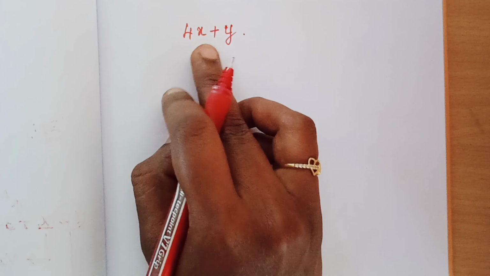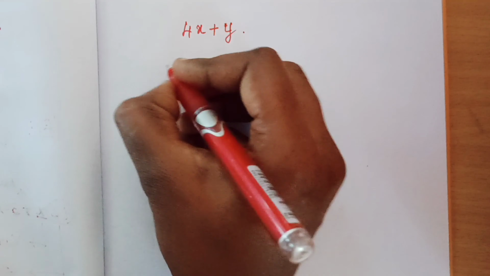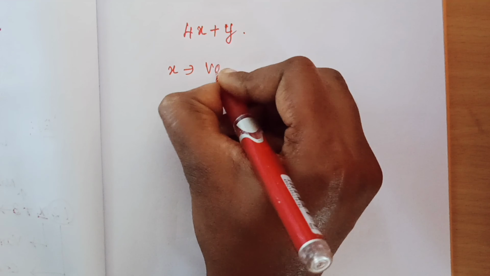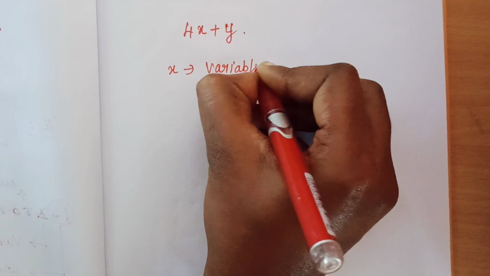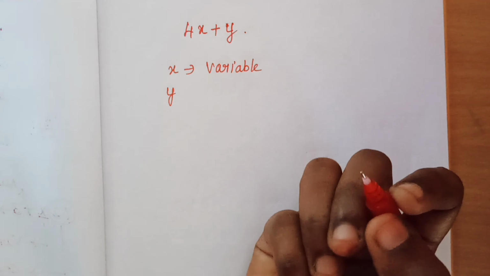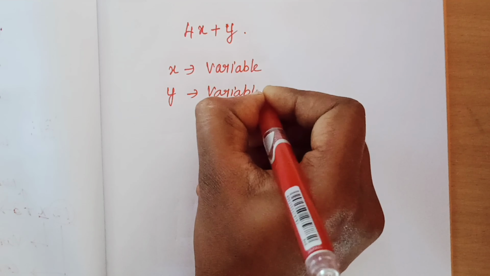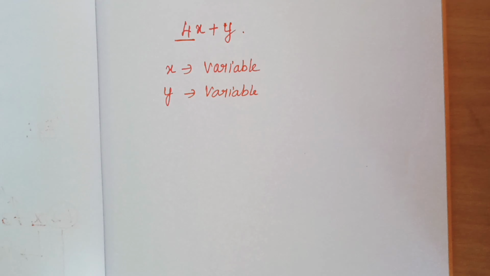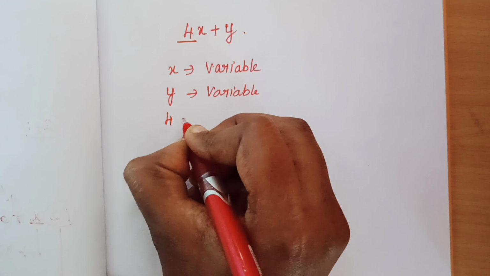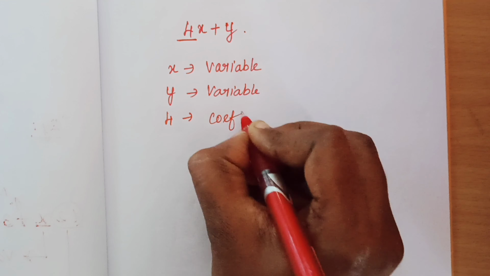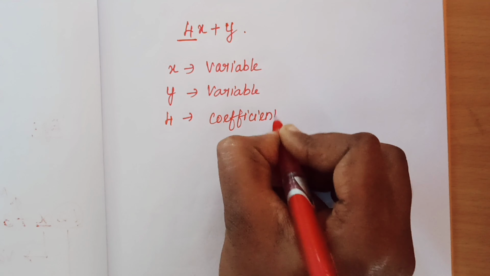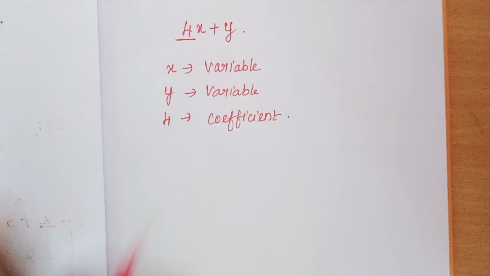Now listen here. 4x plus y. Here x is called a variable. Then what about y? y is also a variable. Very good. Then this 4 is called a coefficient. What is the coefficient of y? There is no number, right?